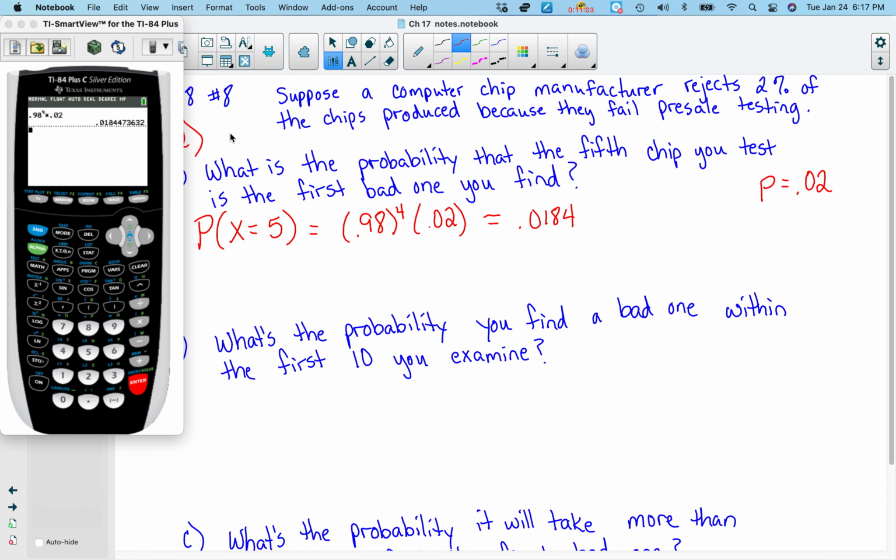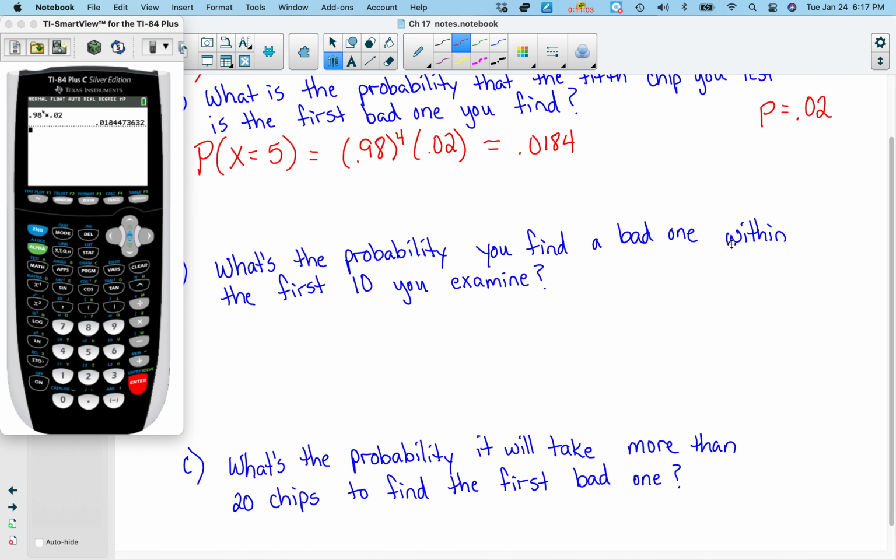Okay, next part, the next problem says, what's the probability you find a bad one within the first 10 you examine? So I'm going to think about the notation. Now, I don't want to say x equals, because it could be the first trial or the second or the third or the fourth or the fifth. I'm going to go all the way up to 10.